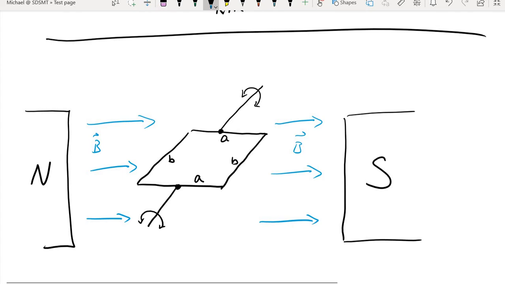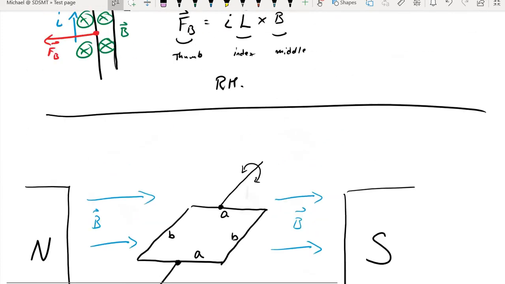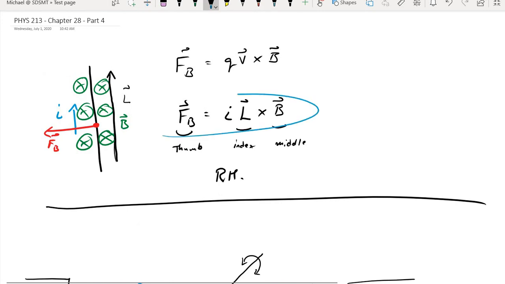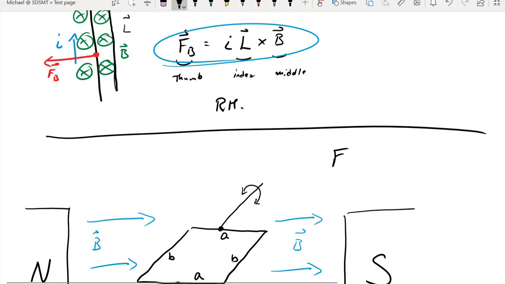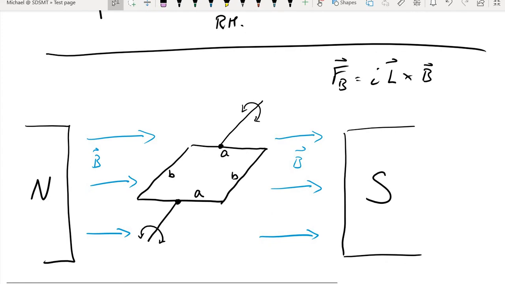Now, what's going to happen to the coil as the magnetic field operates on it? Well, if there is no current traveling through this coil, then nothing's going to happen to it. And that's because right up here, our equation says that we have to have some amount of current traveling through a length of wire, and that length of wire has to be inside of some magnetic field.